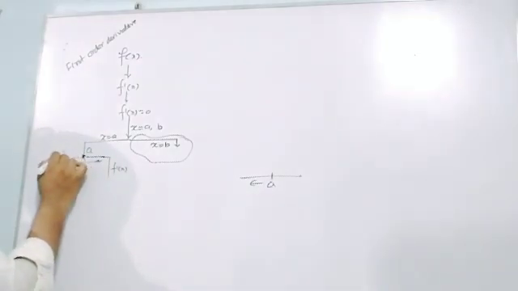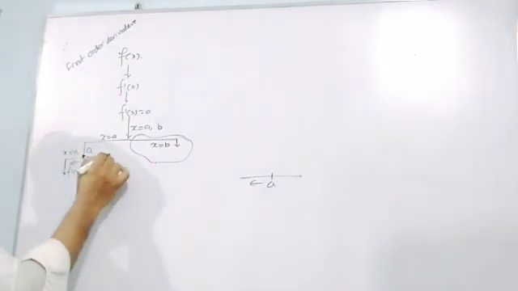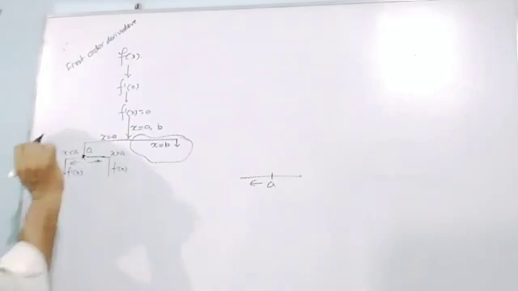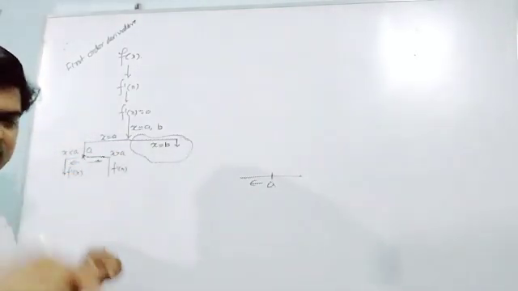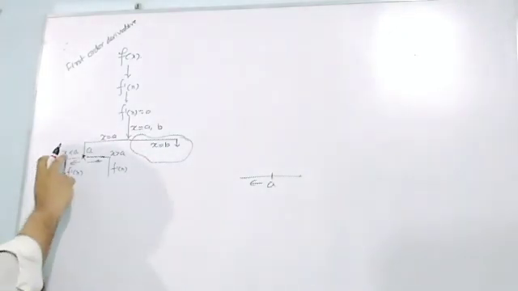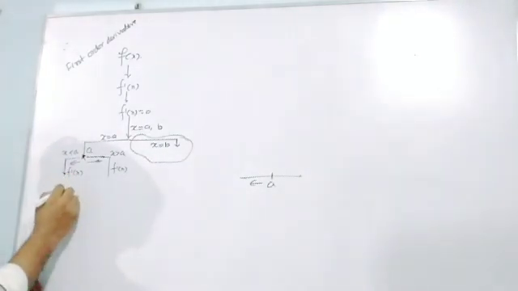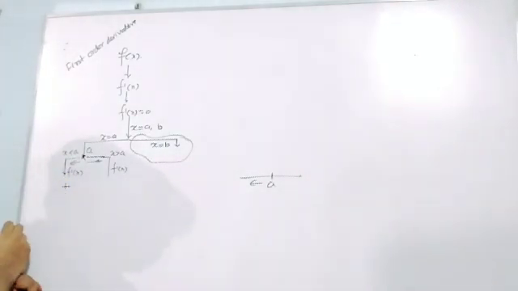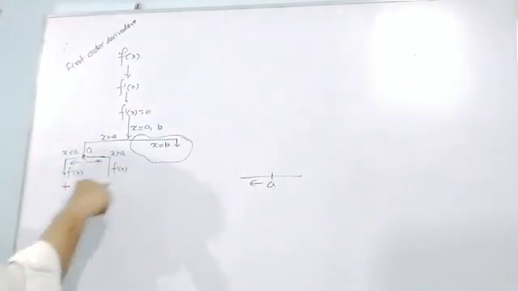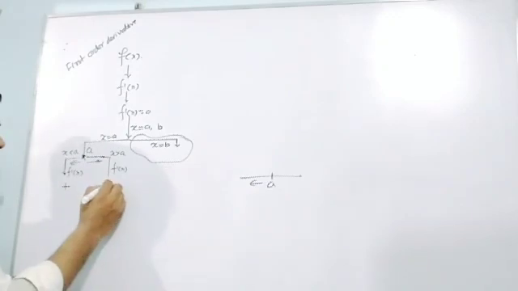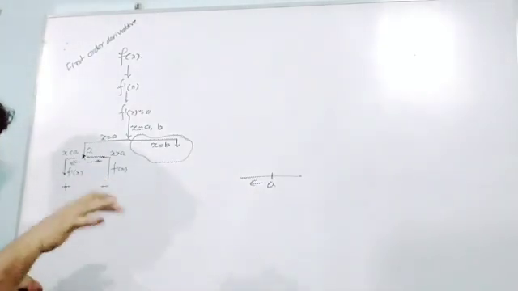X is less than a on this side, x is greater than a. If the value of x is less than a, and at that time f'(x) is positive, and if the value of x is more than a and f'(x) is negative, it's maxima.